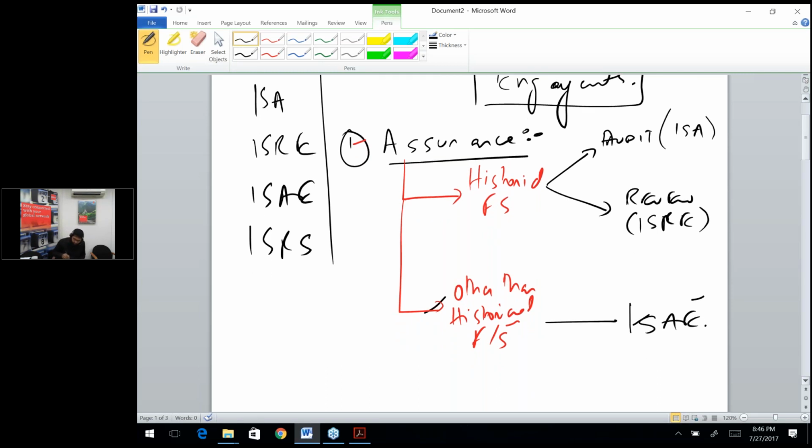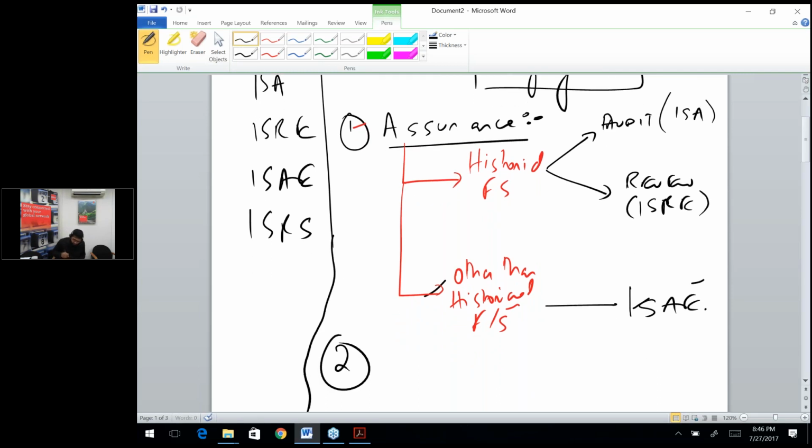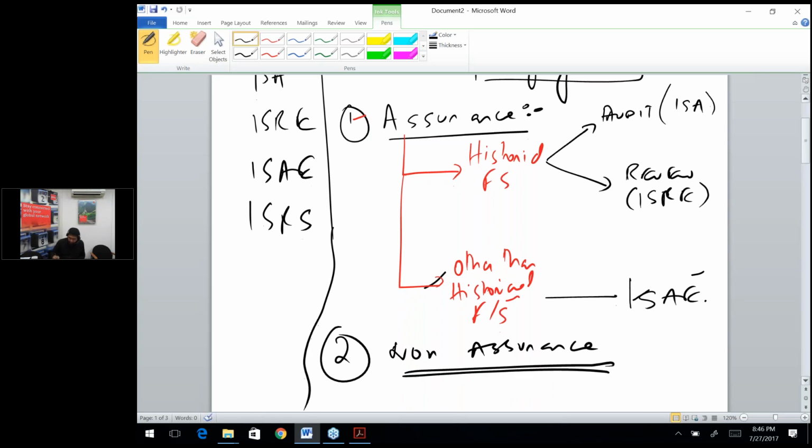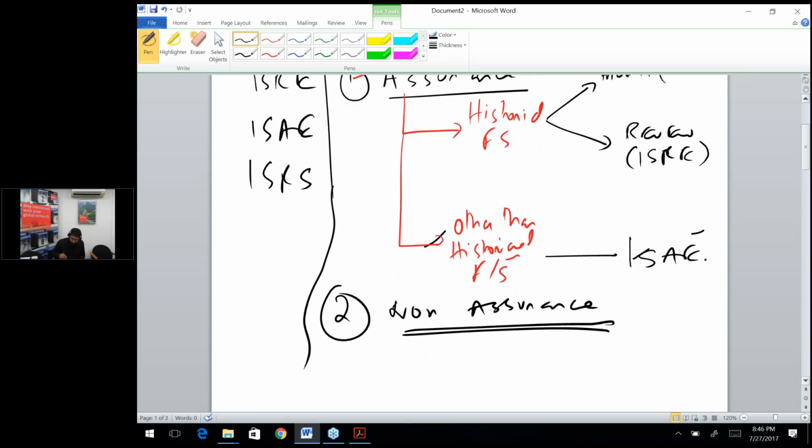So that's one of them, which is assurance. Number two is non-assurance engagements, where the auditor does not give any assurance. Such engagements are covered by ISRS, the International Standards on Related Services.